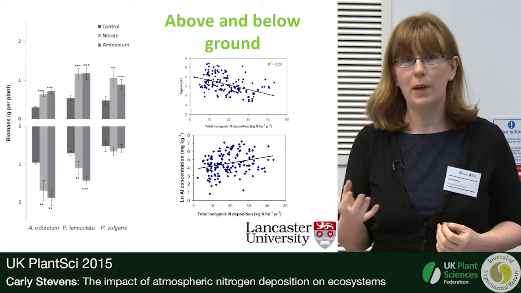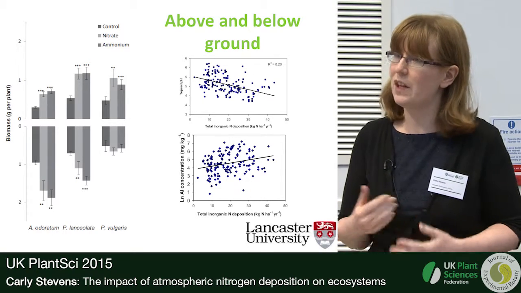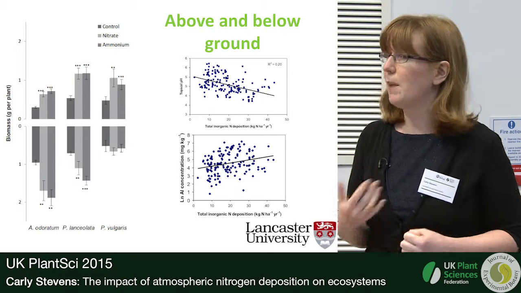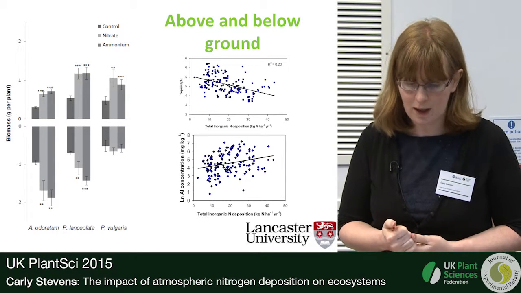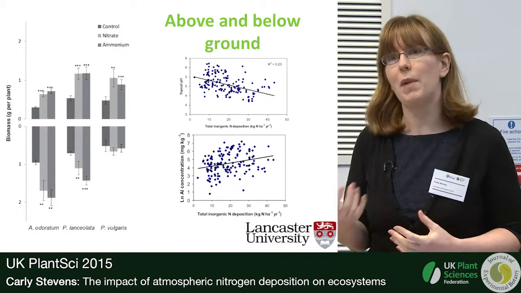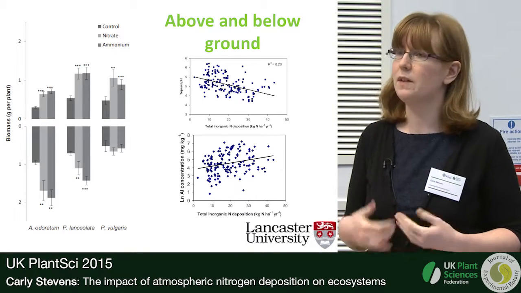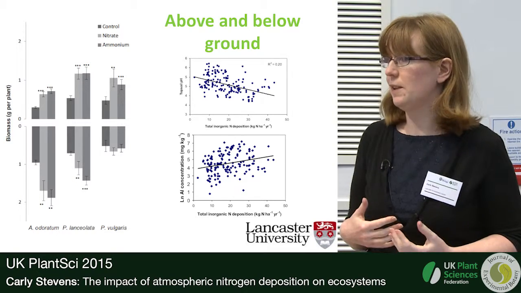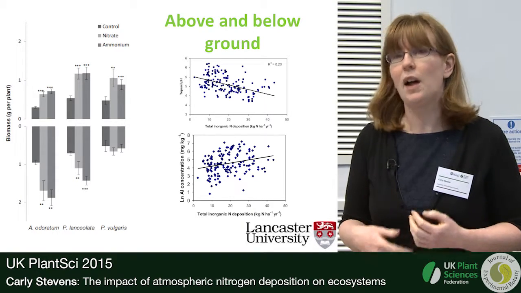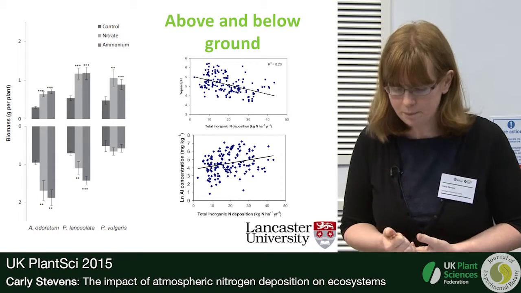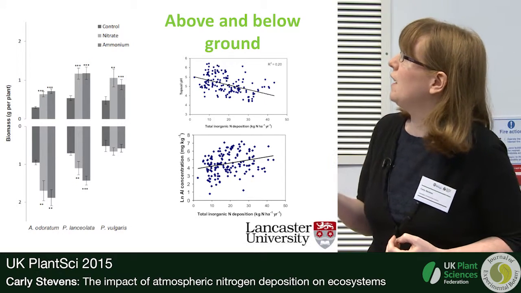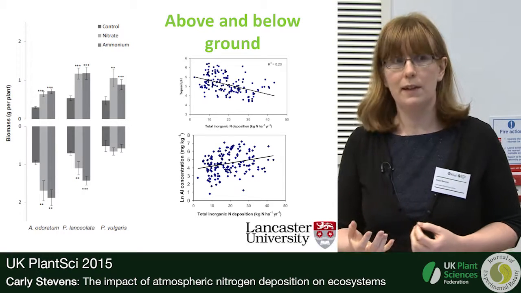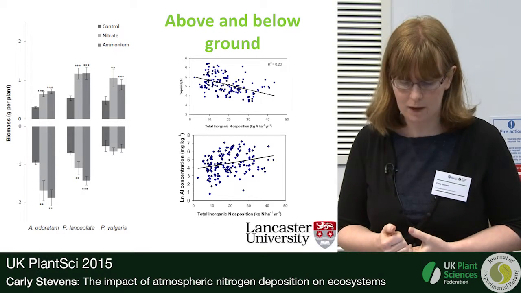And those changes in pH have important implications then within the soil for the availability of other nutrients and of metals. And one of the things we think may be quite an important driver, and there's some evidence from individual species to support this, is the availability of aluminium within the soil and aluminium toxicity. And we can see here that as the pH goes down, as we would expect, the availability of aluminium is increasing.